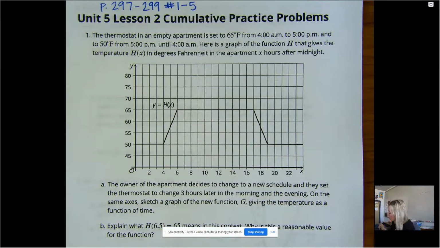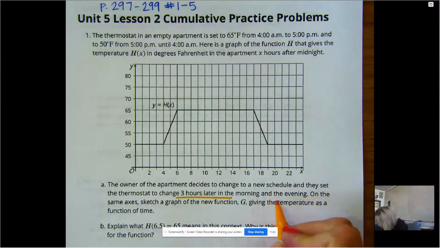Now we have a new schedule for part A. They set the thermostat to change 3 hours later in the morning and in the evening.